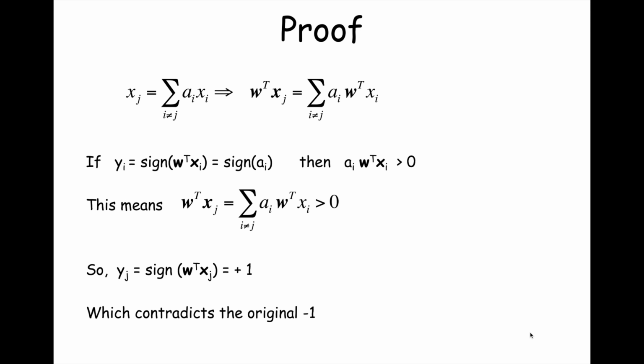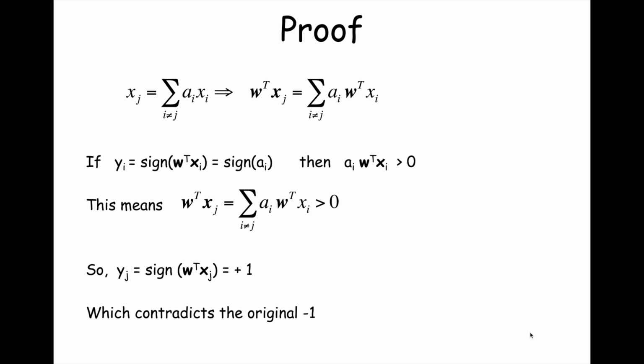All right, so let's take a look at this. We said the synthesized data point xj is a weighted sum of all the xi's that are non-synthesized. Now, of course, if we want to compute the classification given a hypothesis, and we don't make any restriction on what the weight vector w is, how do you do this? You say w transpose xj, right? Because that should output the label associated with xj. If it's positive, it'll output positive.